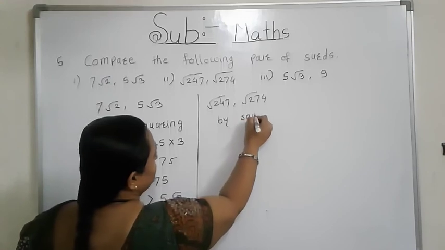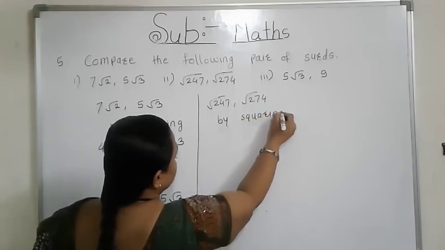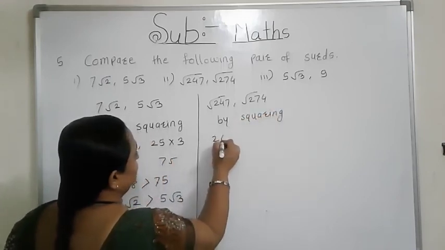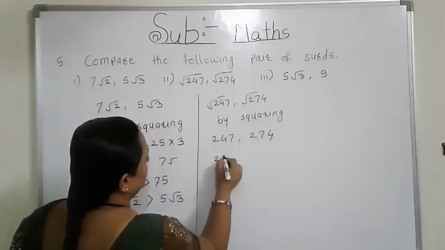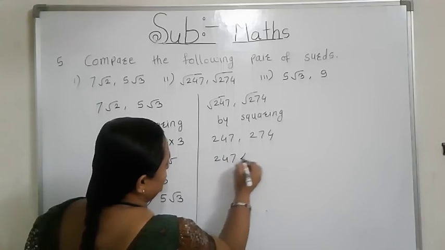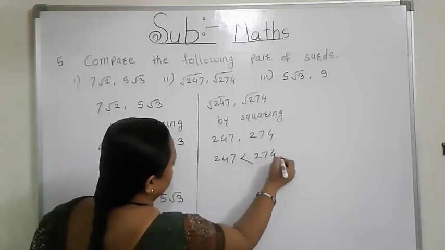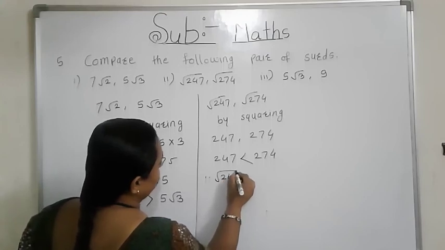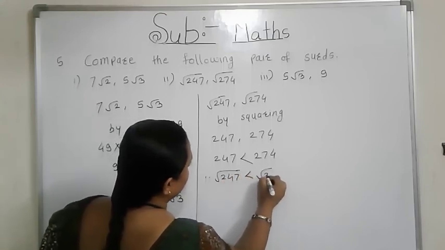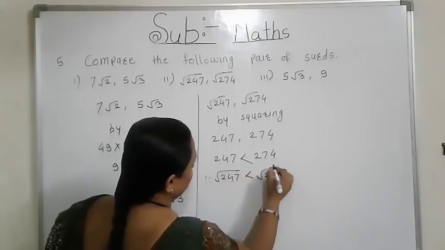Again by squaring, this side will become 247 and this side will become 274. Now 247 is less than 274. Therefore root 247 is less than root 274.